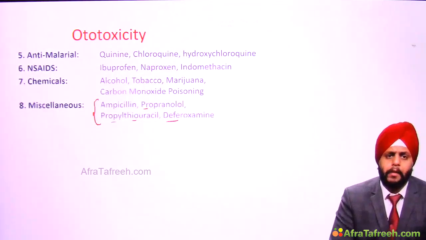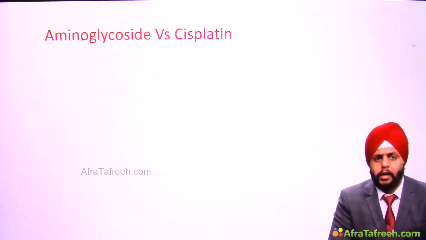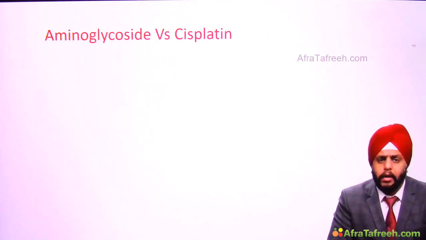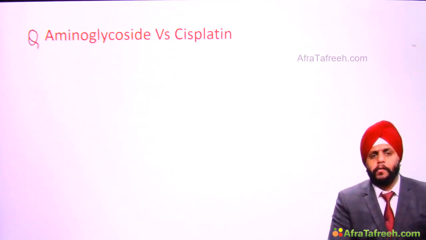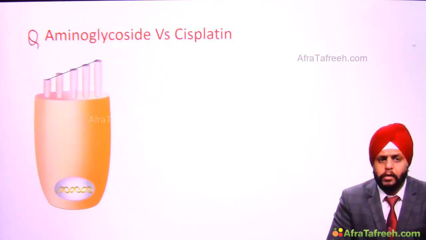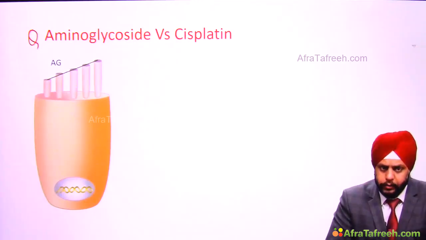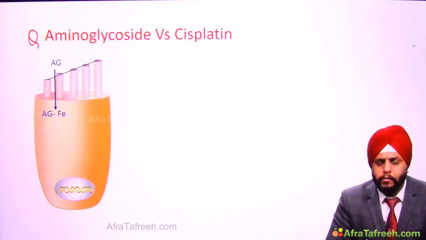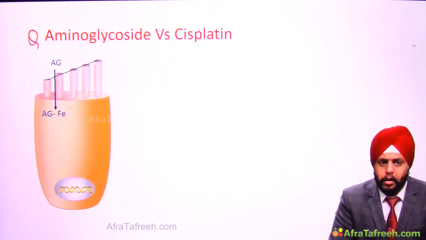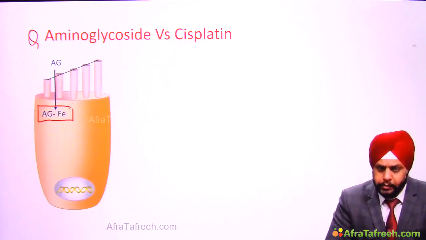Now let us look at the difference between aminoglycoside and cisplatin. This question has been asked. You see what happens when an aminoglycoside enters the outer hair cells. When it enters the outer hair cell, it first combines with iron. You can see there is a complex formed, known as the aminoglycoside iron complex.